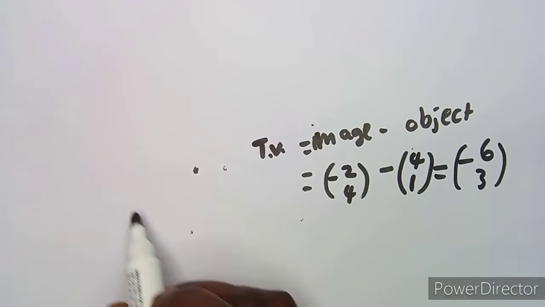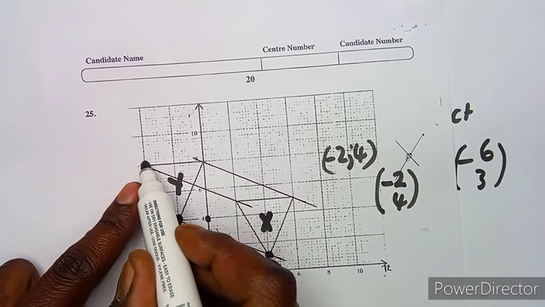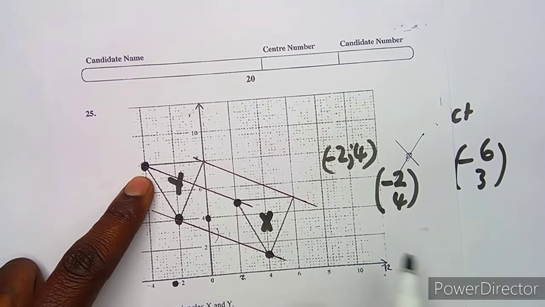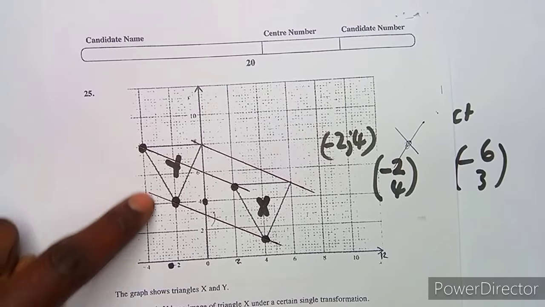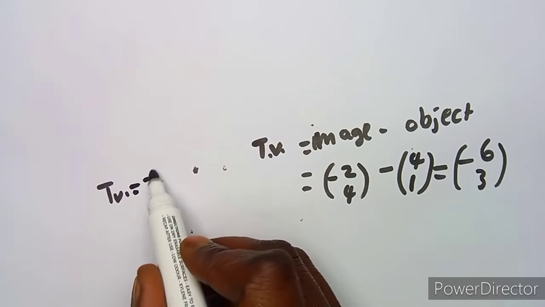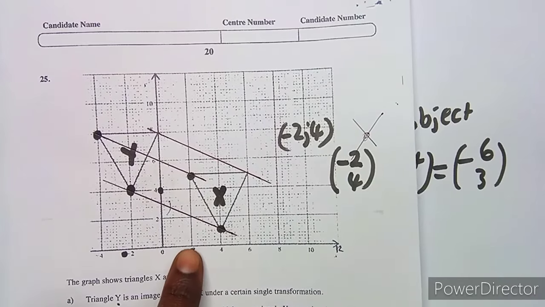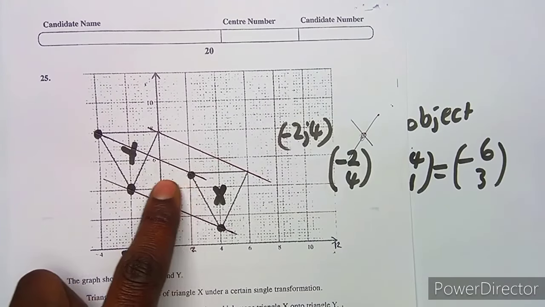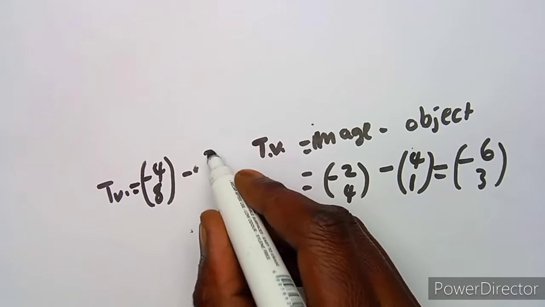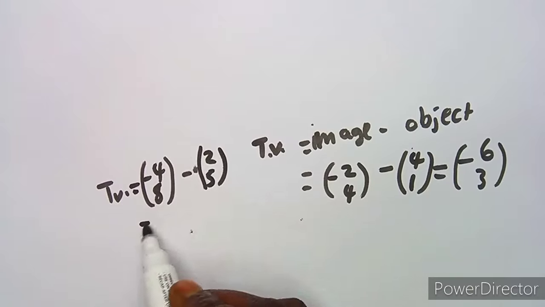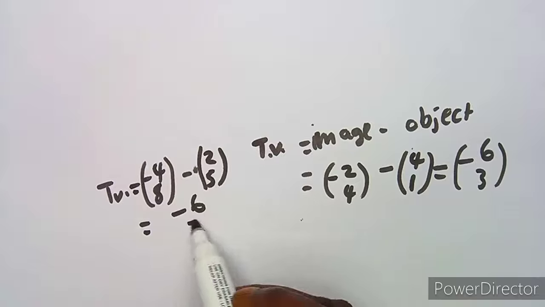You can even prove with another point. This point on image Y is (-4, 8) as a vector. Minus the corresponding point on the object, which is (2, 5). Subtracting, minus 4 minus 2 is minus 6, and 8 minus 5 is 3.